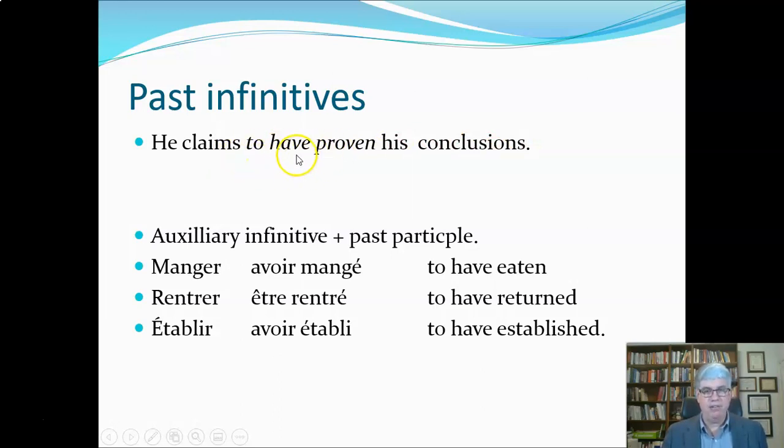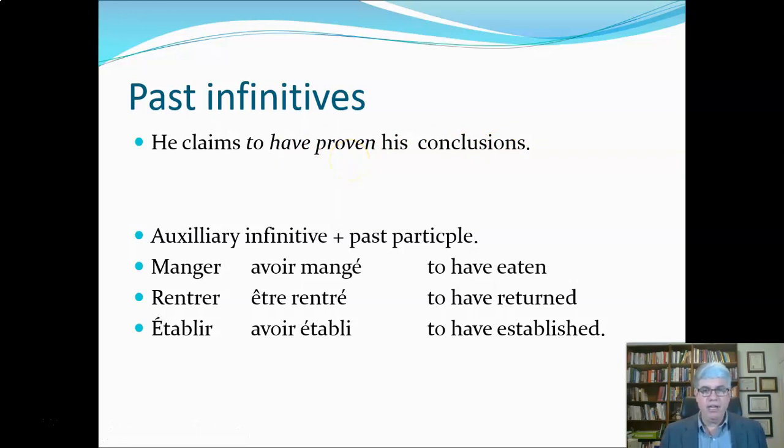He's claiming right now to prove his conclusions. But we want to say that he claims that he's already proven his conclusion, so we use a past infinitive. He claims to have proven his conclusions. So to have proven is a past infinitive.